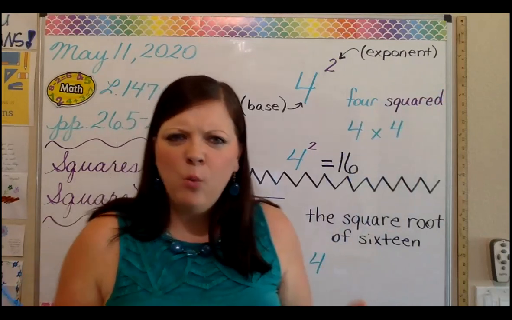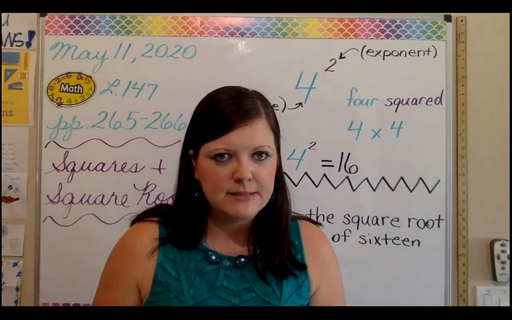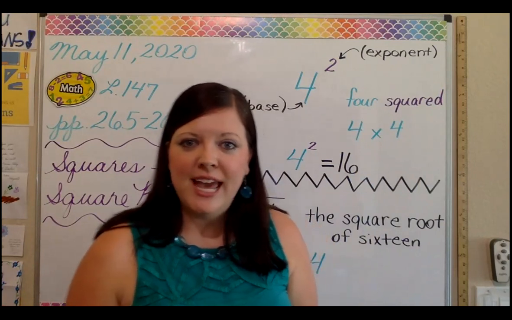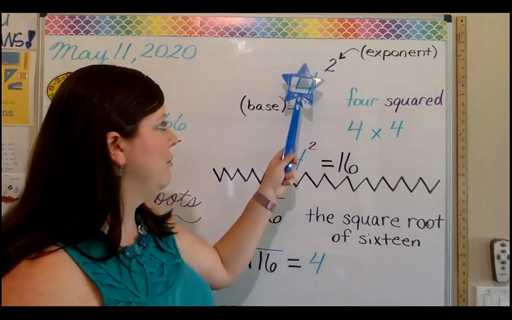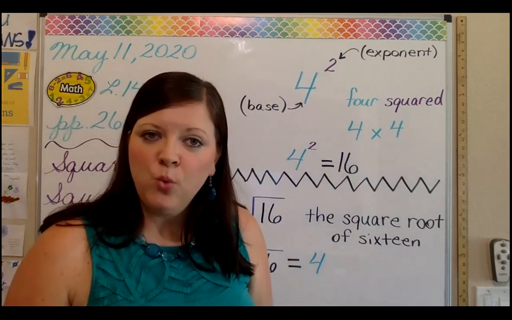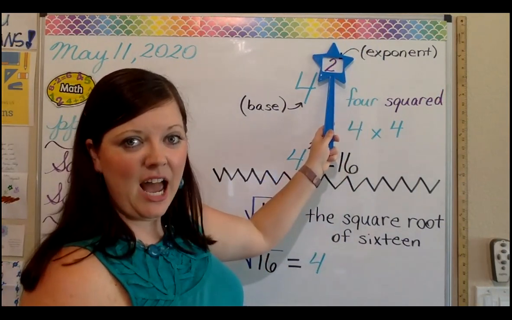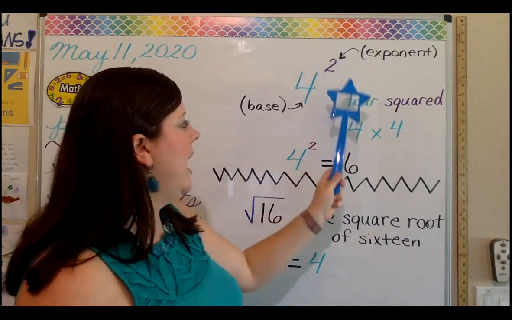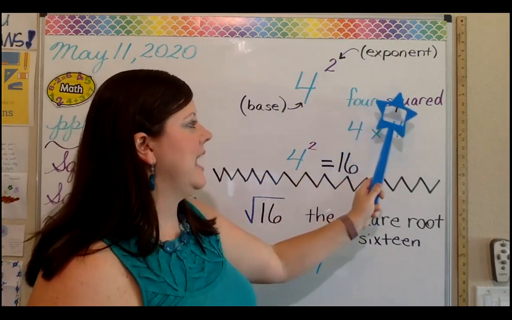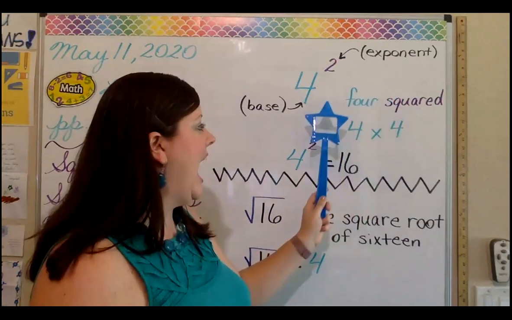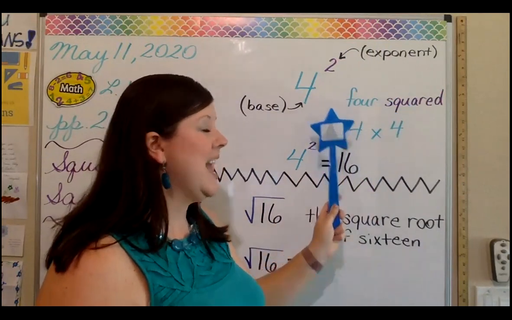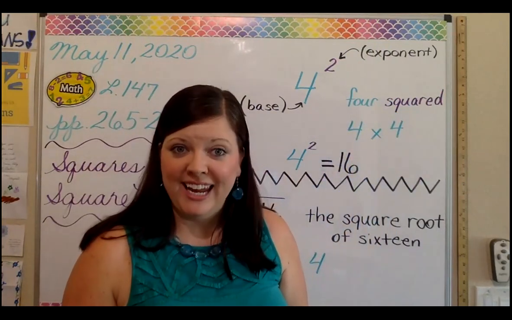Squared. Now, what does 4 squared mean? It means that you're taking the base, the 4, and you're writing the 4 down this many times. 2 times. I have a 4 here, and I have a 4 there. I have 2 4s that I am multiplying together.